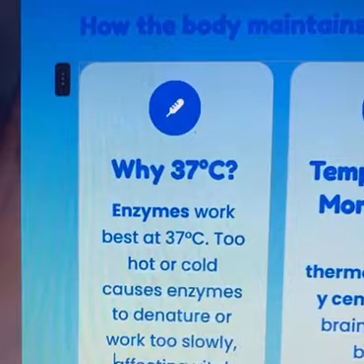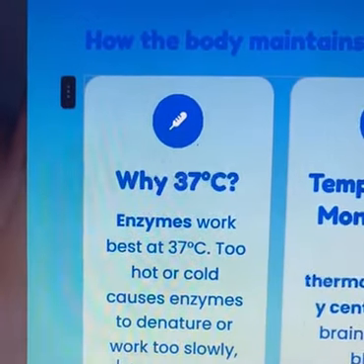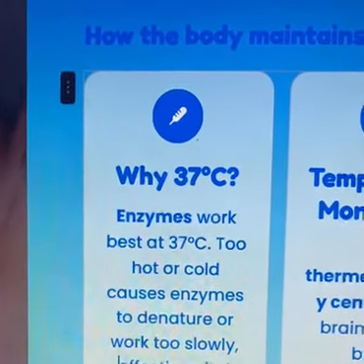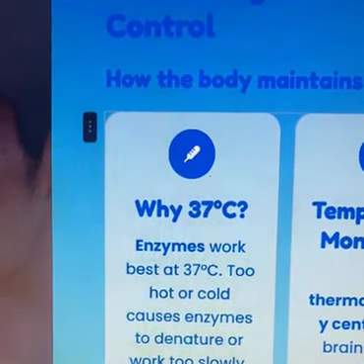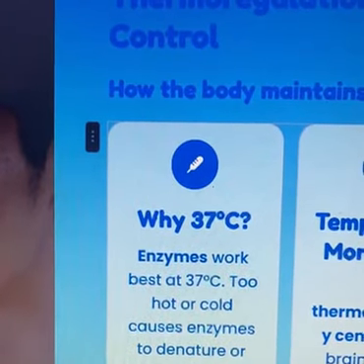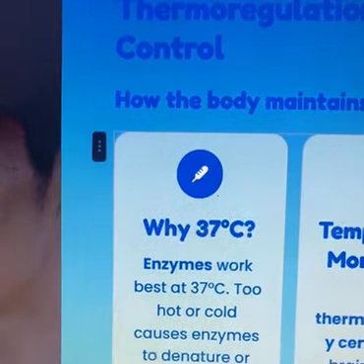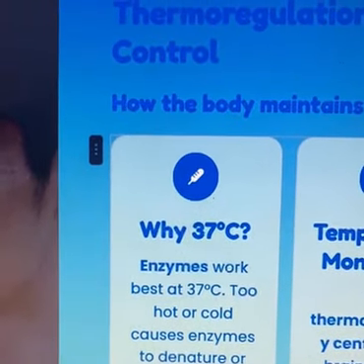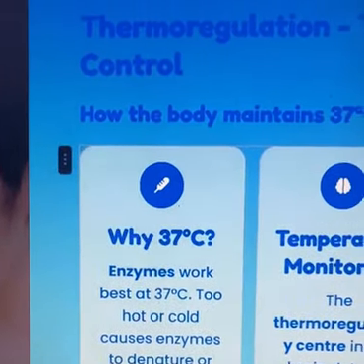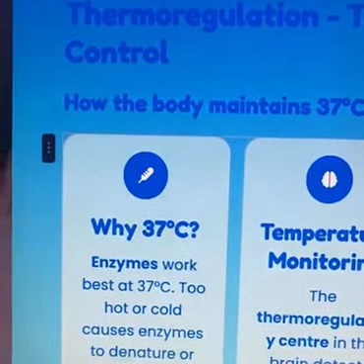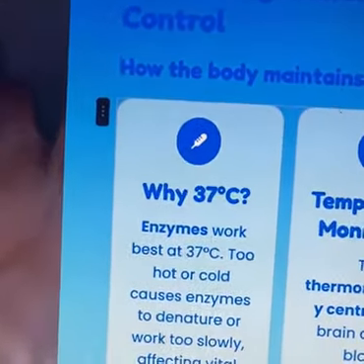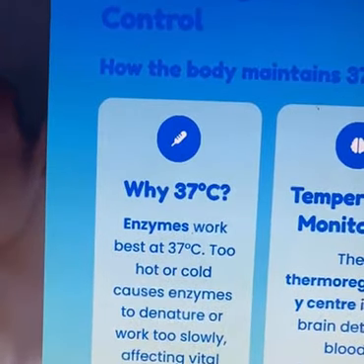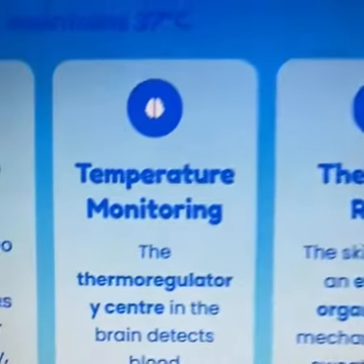Enzymes work best at 37 degrees Celsius. Too hot or cold causes enzymes to denature. Now what is denature? The enzyme will not work, or work too slowly or takes a long time, affecting vital reactions. Next one is temperature monitoring.